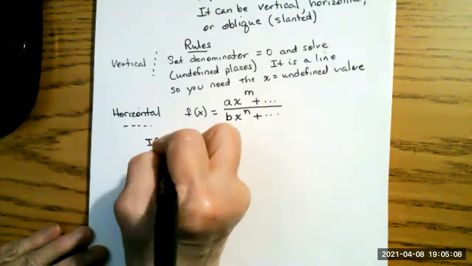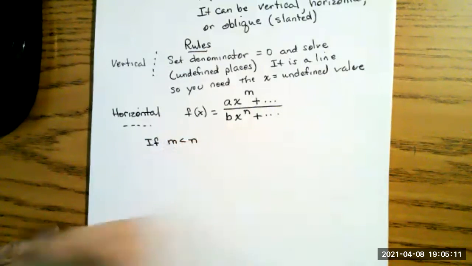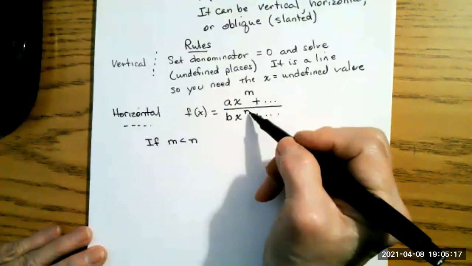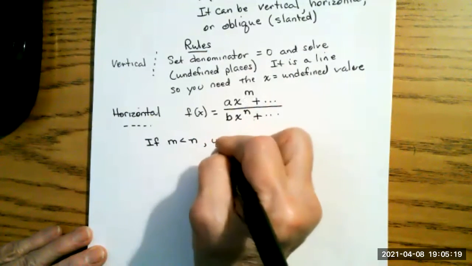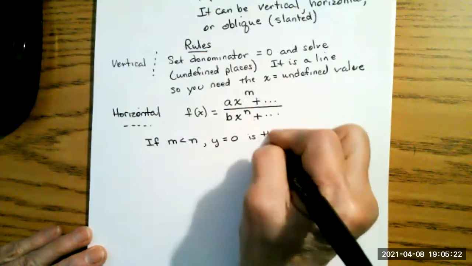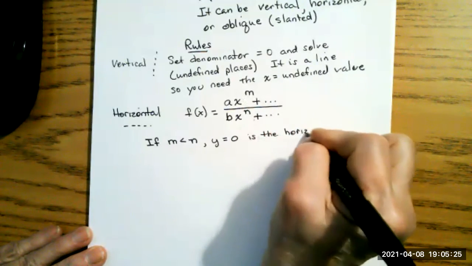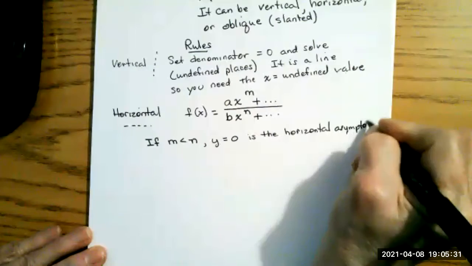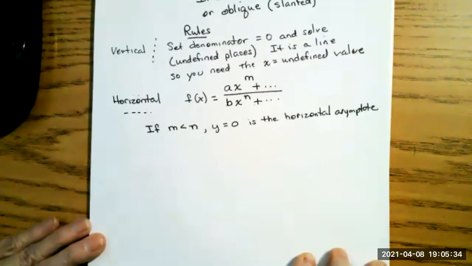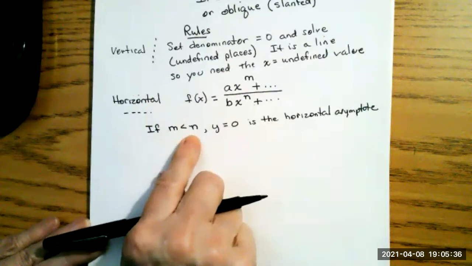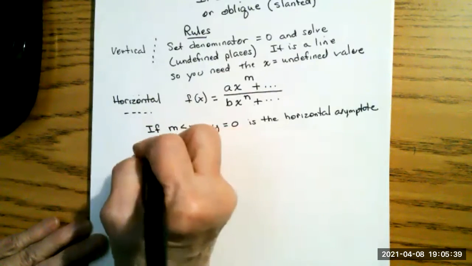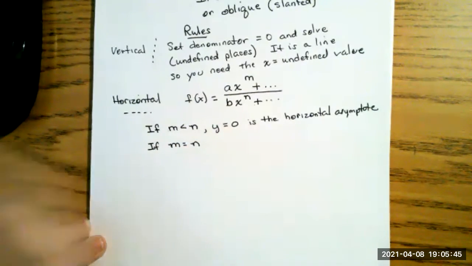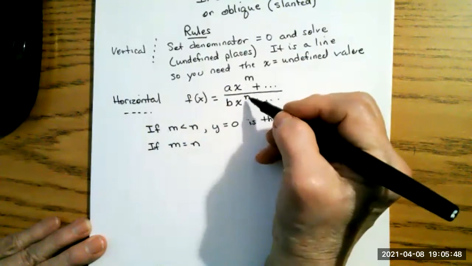If m is less than n, so if this exponent in the top is smaller than this exponent in the bottom, then y equals 0 is the horizontal asymptote. M could be equal to n. They could both be 3s, like this would be cubed and this would be cubed, or both to the 4th power.